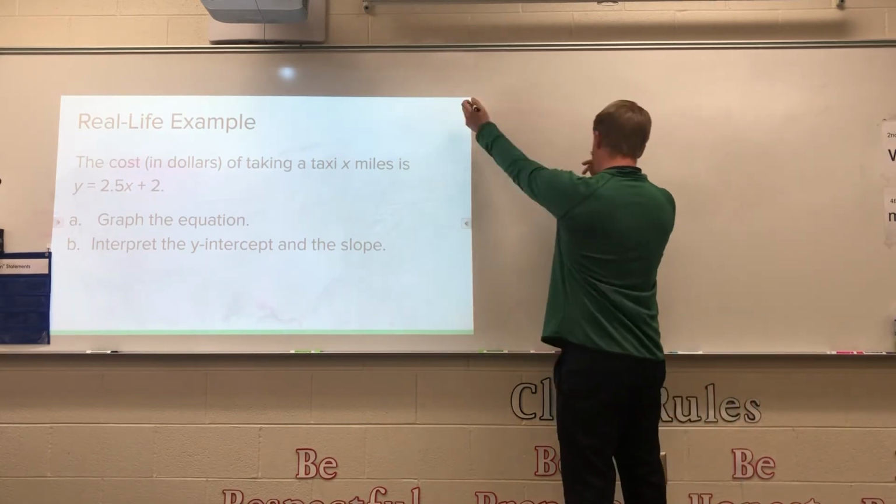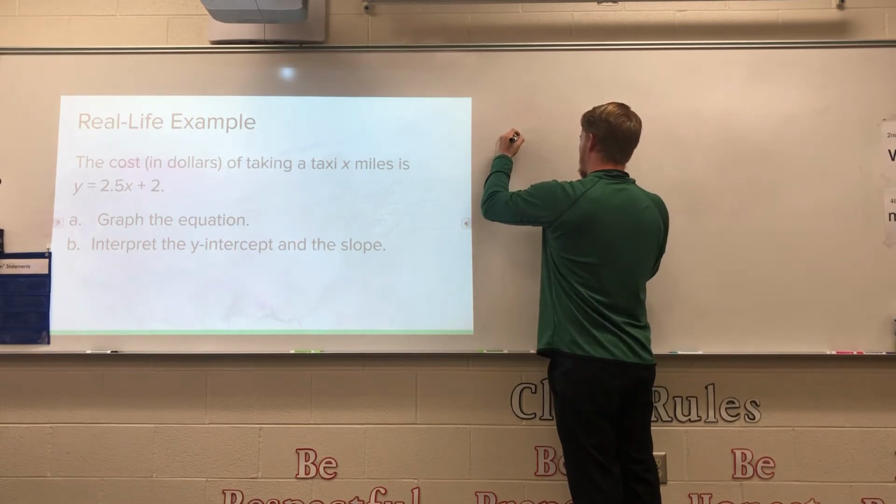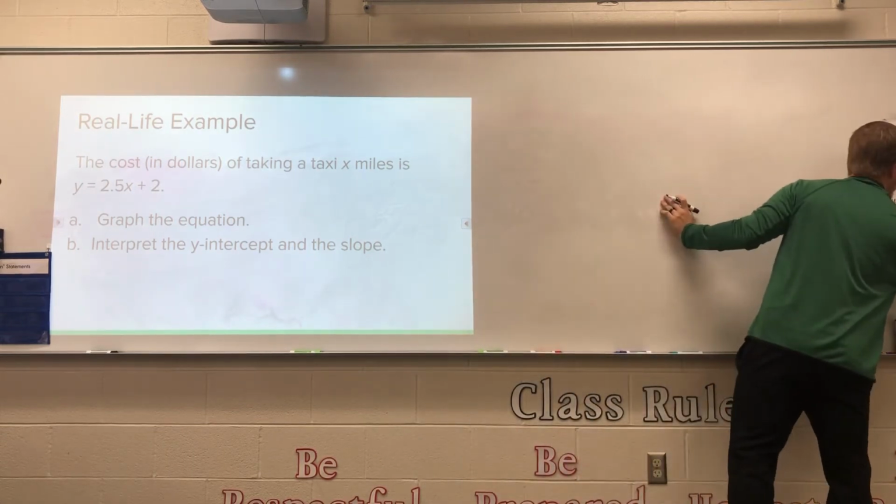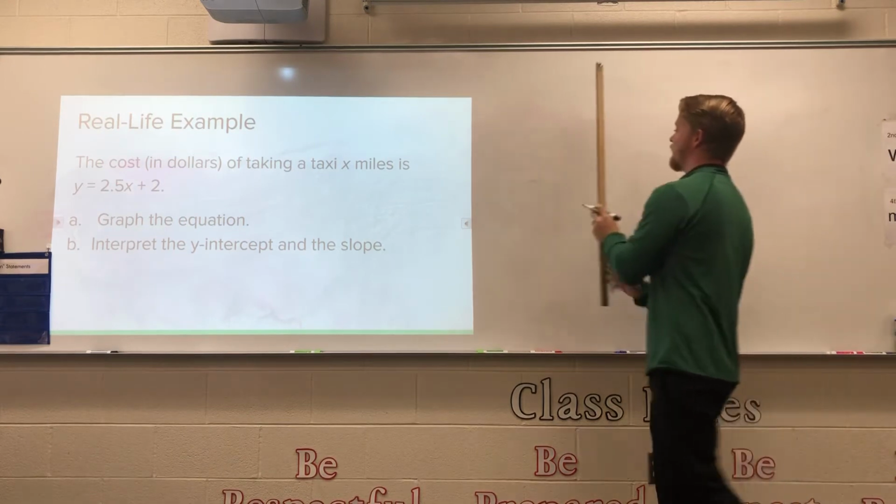Okay, so I'm just going to make a quick coordinate plane right here, just so I don't have to keep moving back and forth.